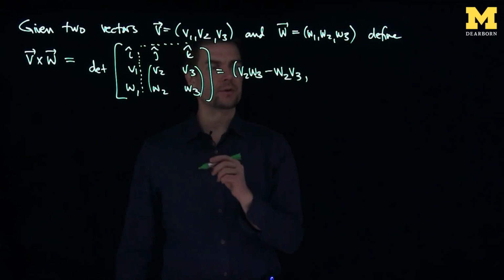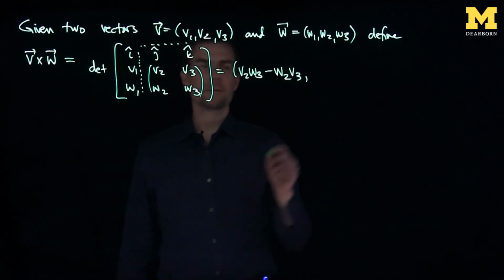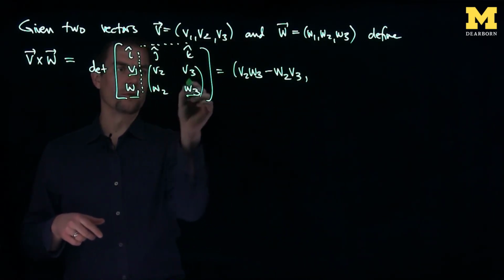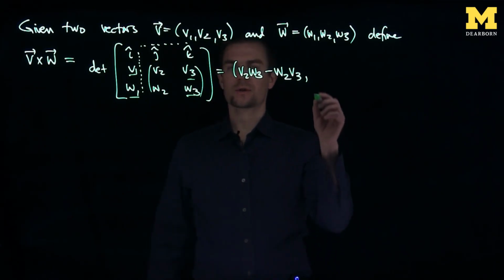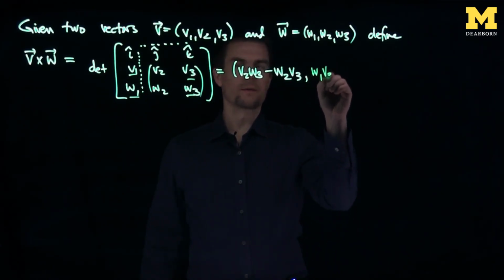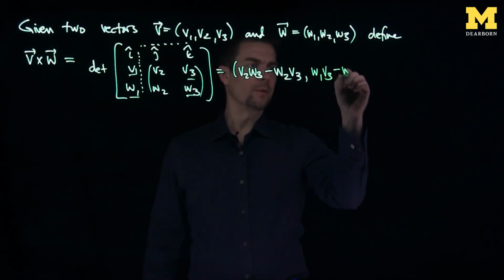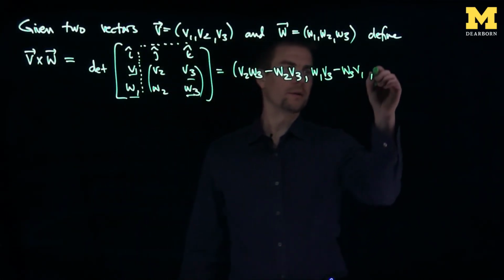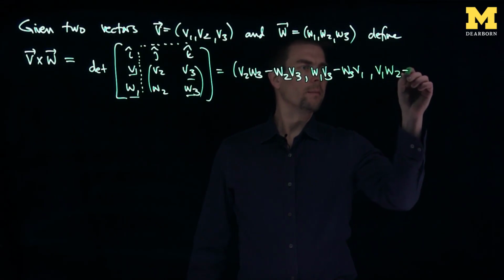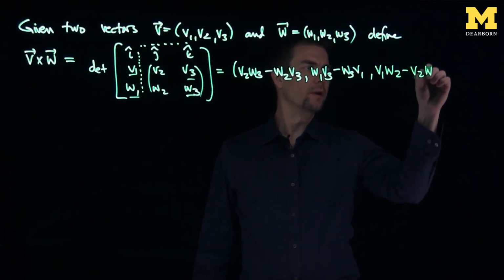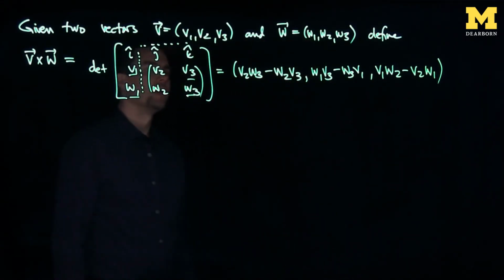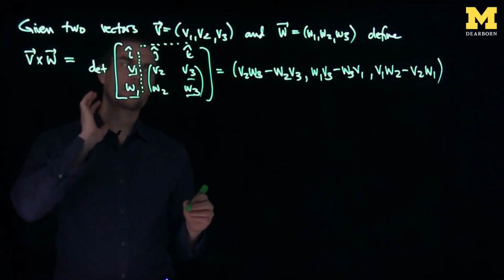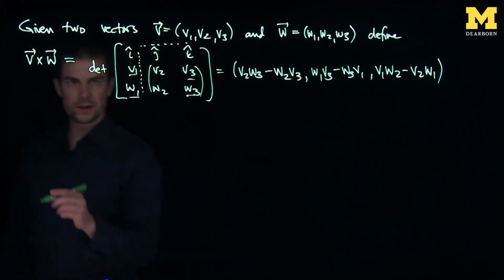The j component will be the determinant of v1, w3, and w1, v3 with a negative sign, so that's w1 v3 minus w3 v1. And finally, the k entry will be v1 w2 minus v2 w1. This formula looks a little complicated, but as long as you remember this determinant formulation, it becomes straightforward.